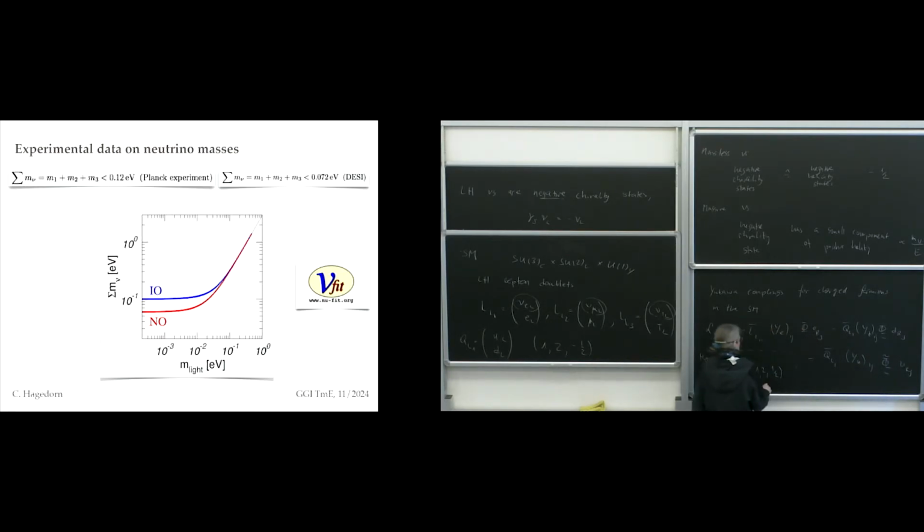Phi twiddle is actually the charge conjugate of the Higgs doublet which we have here. This is just i sigma 2, so the second Pauli matrix, phi star, which gives you, if this is the (1, 2, 1/2), this gives you (1, 2, -1/2).